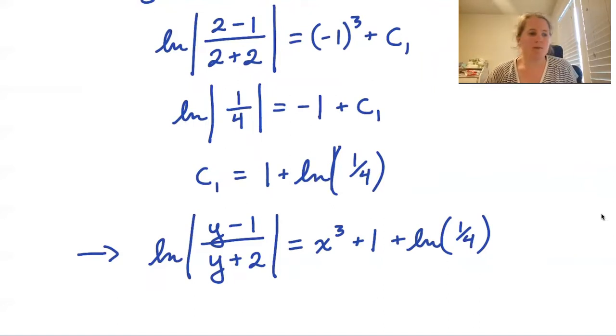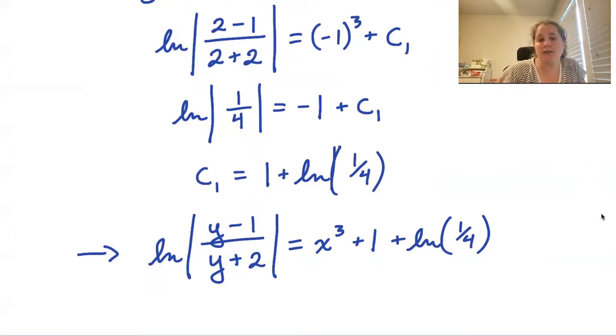Sorry about that, I muted myself. So again, this is the implicit solution. It's not solved in terms of y, but it still effectively tells us the equation relating x and y.